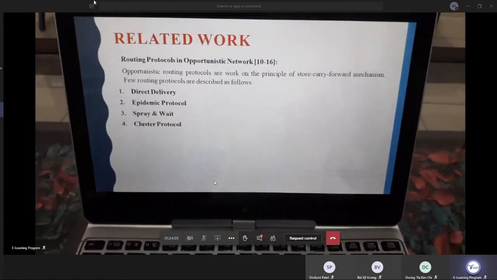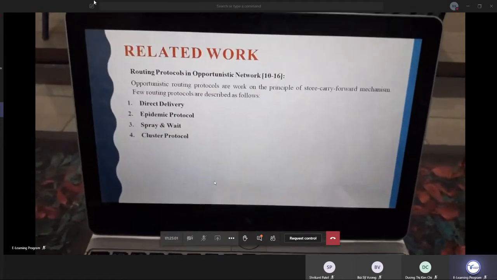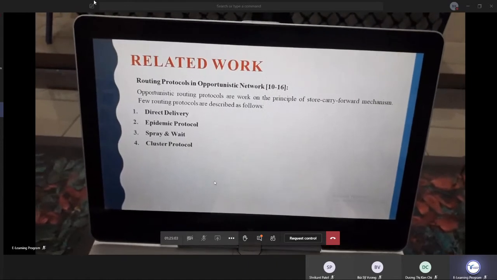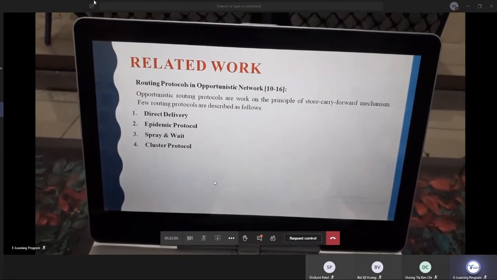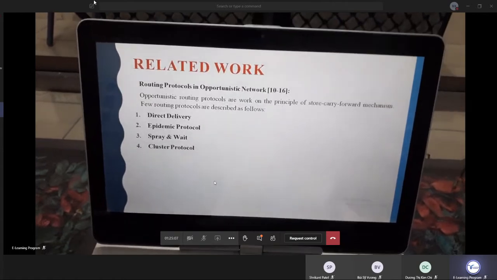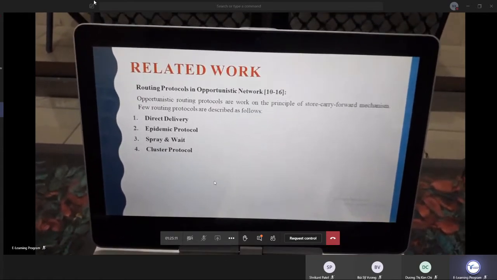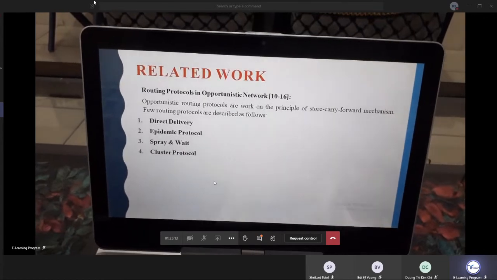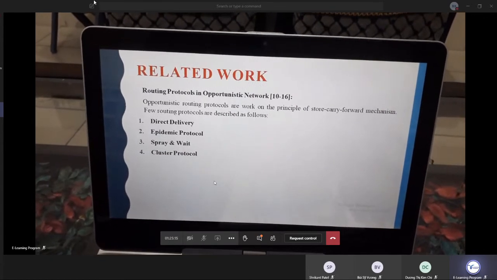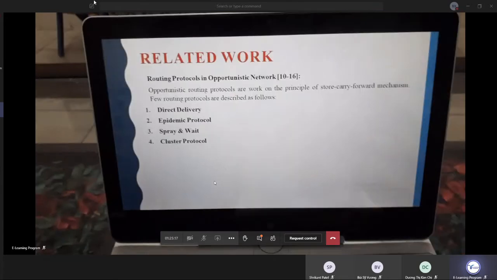Mobile nodes in an opportunistic network have no fixed path and no source-to-destination connectivity between nodes, and the high mobility of nodes makes the network recurrent.